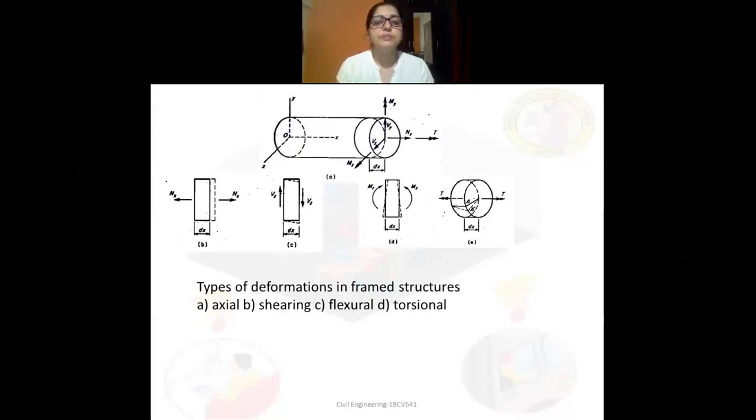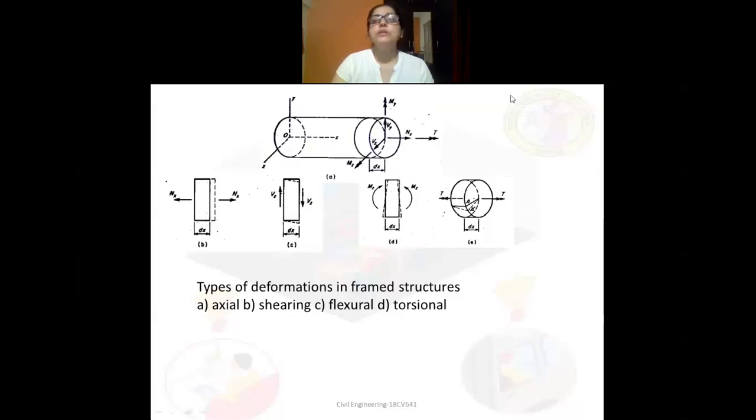Shearing deformation is parallel to the axis, and you can notice it in figure C. Flexural deformation you can notice in figure C, and torsional deformation you can notice in figure E.